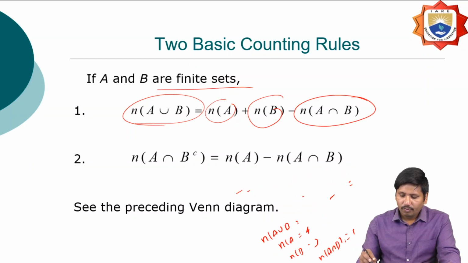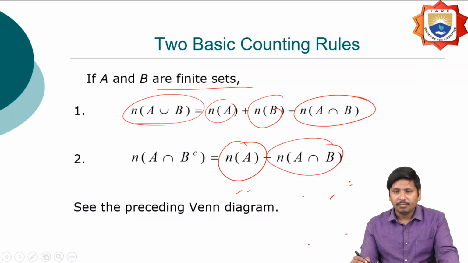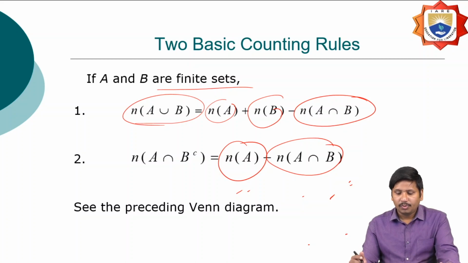So similarly, if I want to find the equation for A intersection B complement, for this I have to write cardinality of A minus n of A intersection B. So like this, we are going to have some of the equations.